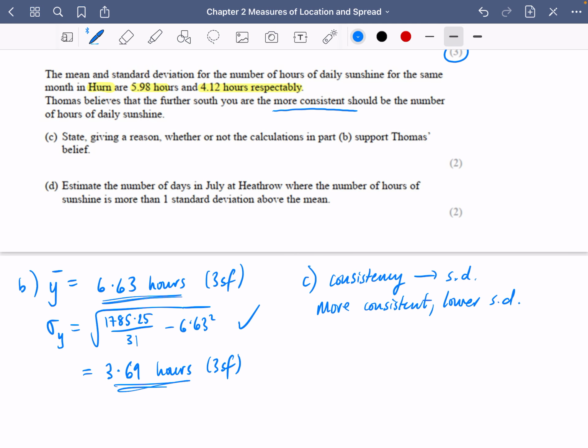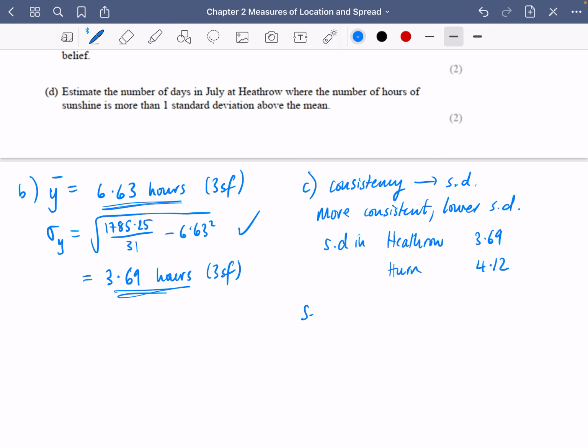So let's compare them. We have the standard deviation in Heathrow is 3.69, but the standard deviation in Herne is 4.12. So the standard deviation shows that Heathrow has a more consistent number of hours.